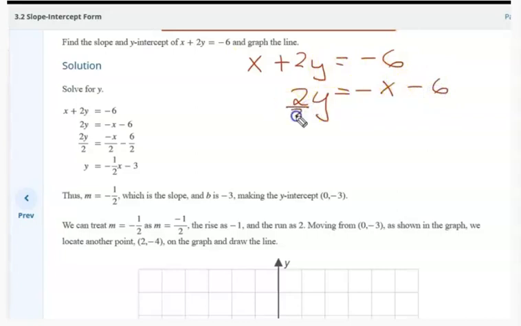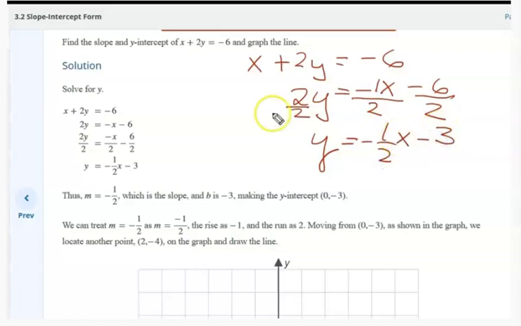We're going to divide both sides by 2, and I'll put a 1 there for calculations. So this now becomes y equals a negative 1/2 x minus 3. So our slope is going to be a negative 1/2, and our y-intercept is going to be a negative 3.